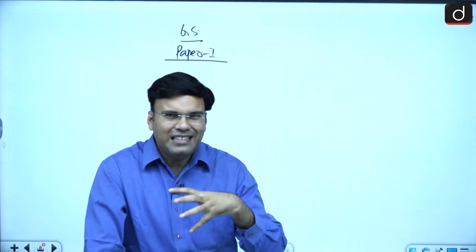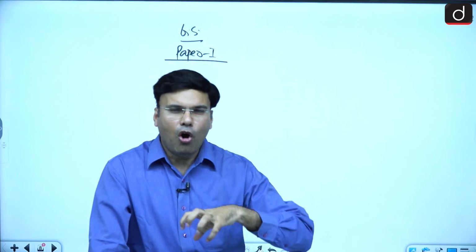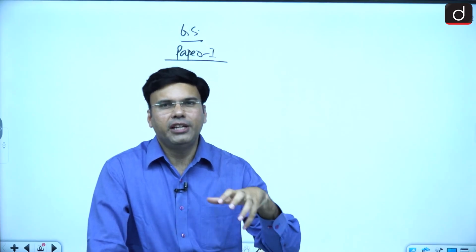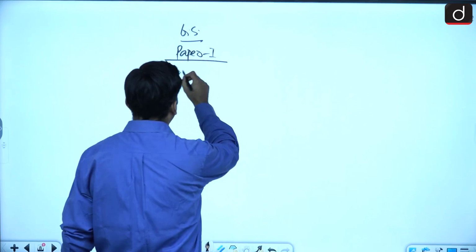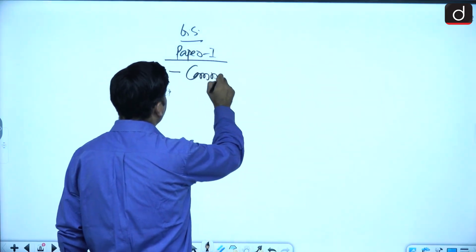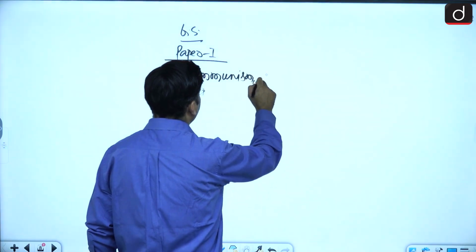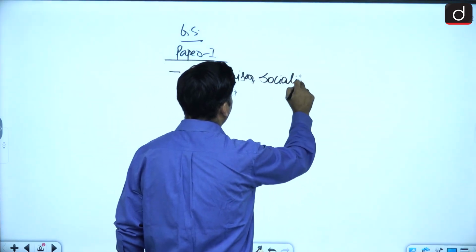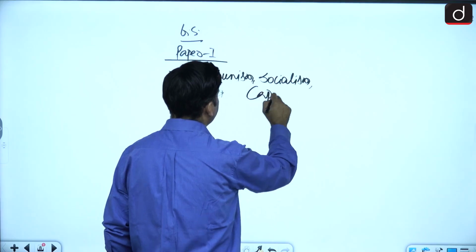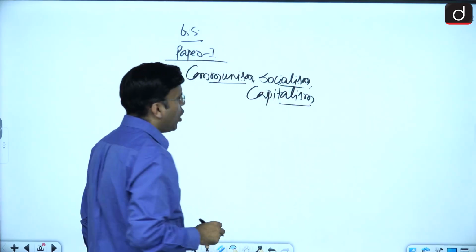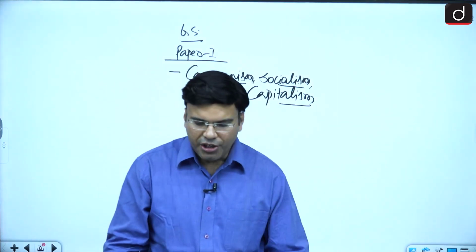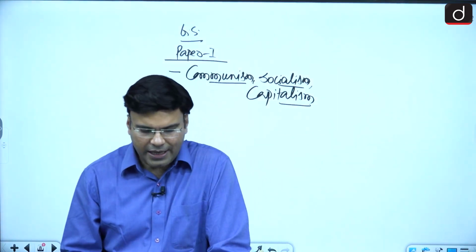All of this you are also reading in political science. These ideologies, communism, socialism, capitalism, you read very elaborately and comprehensively in your political science.